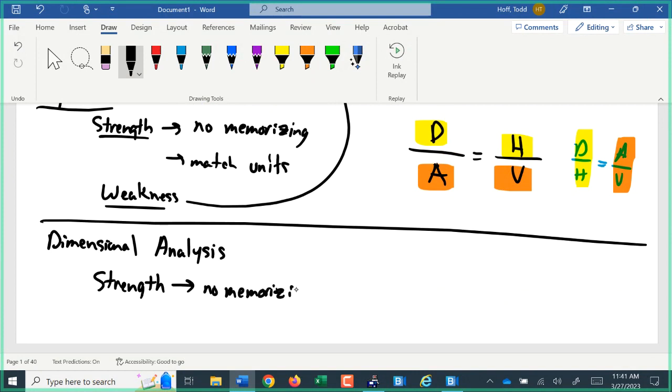In fact, all you have to do is be able to match up the units. All you're going to do is let the units dictate the calculation. Even if you don't know what the unit means, the units dictate the calculation.